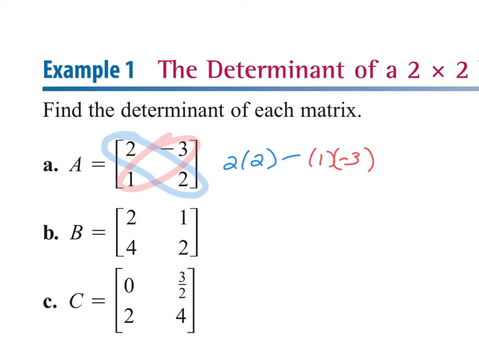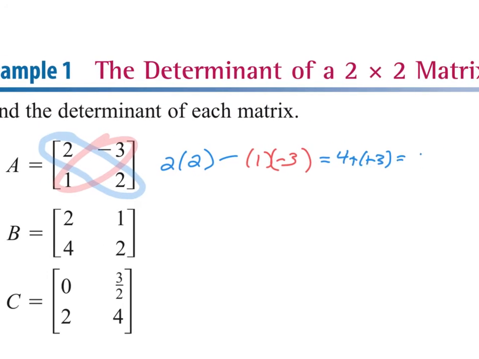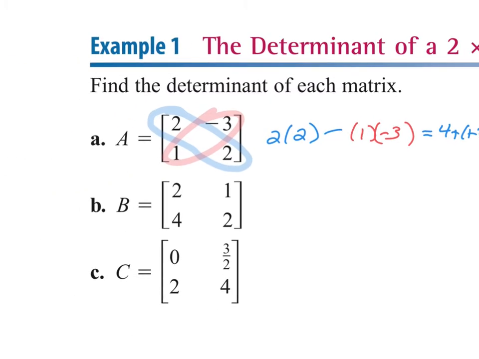Yes or no, guys? Okay, so 2 times 2 is 4 minus, this is where we got to be really careful, guys. It's minus a -3. So what is 4 plus 3? 7. The determinant here is 7. We're going to multiply majors and subtract the minors. You'll see what I mean in 1 second.